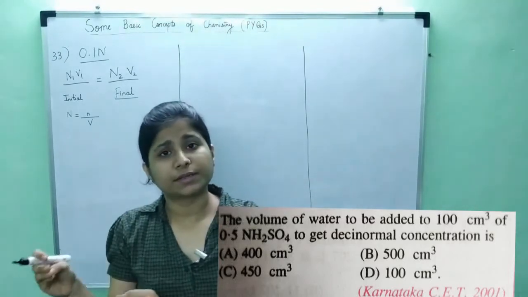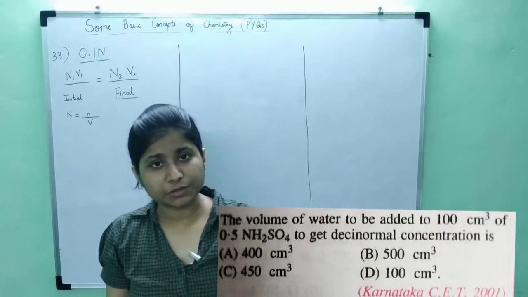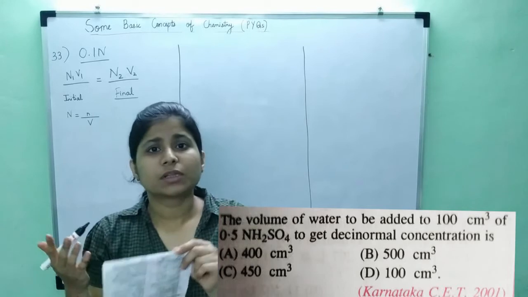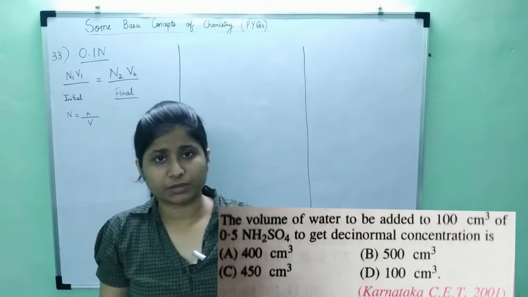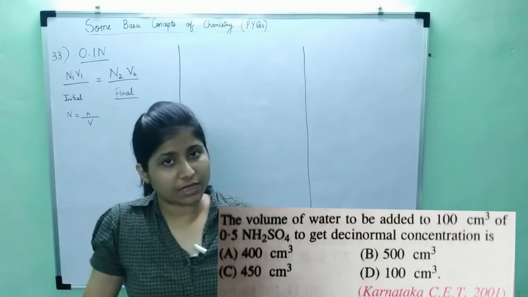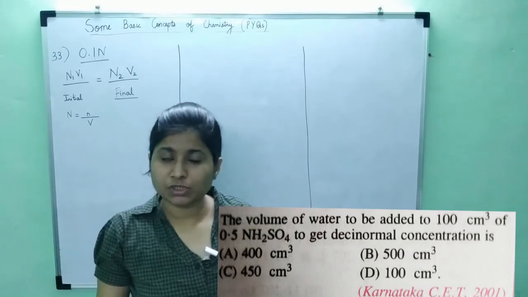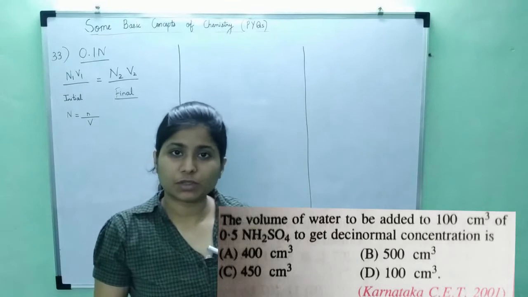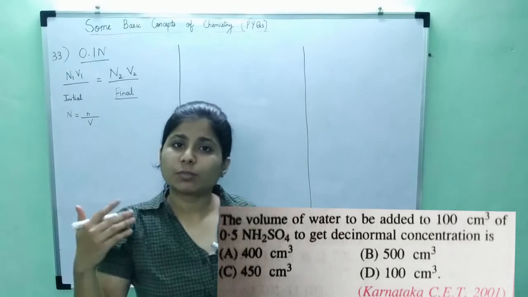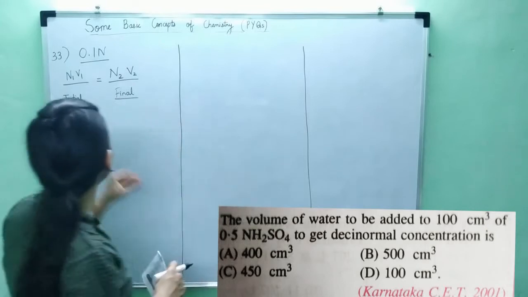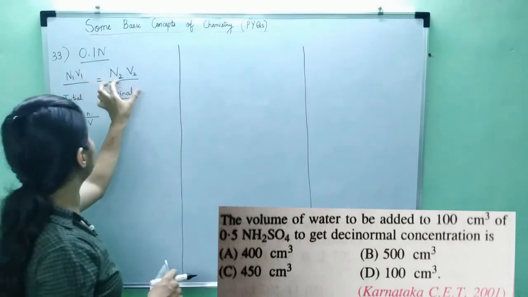Whether I add it in 100 centimeter cube of water or in 1000 centimeter cube, the 5 gram will remain same. Even though it will disperse more in larger volume, the amount is not going to change. Same is the thing with number of moles. Even if we add more water or less water, the number of moles remain same. So that is why the initial number of moles is equal to final number of moles.